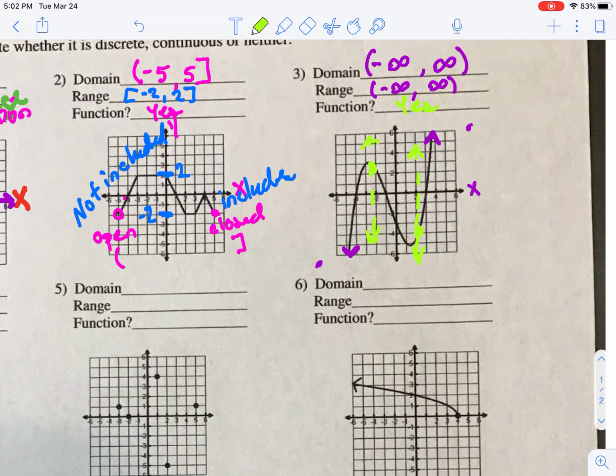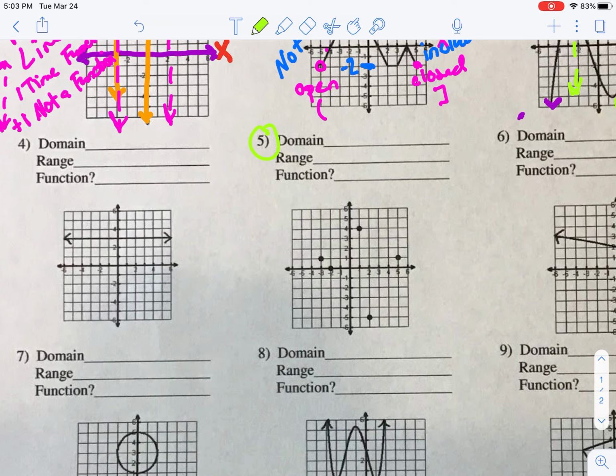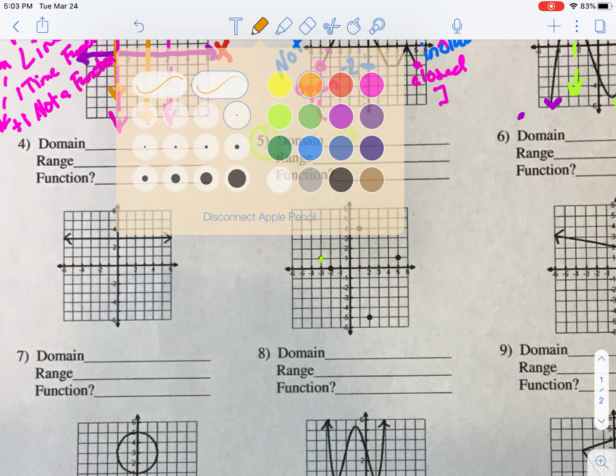One question that I noticed a few of you had a question on was number 5. So if we take a look at number 5 here, we don't see any lines, we're just seeing points, okay? So when it comes to us finding the domain, we're going to take each one of these points and state the x value. So the x value for our first point here would be -3. I changed colors here.